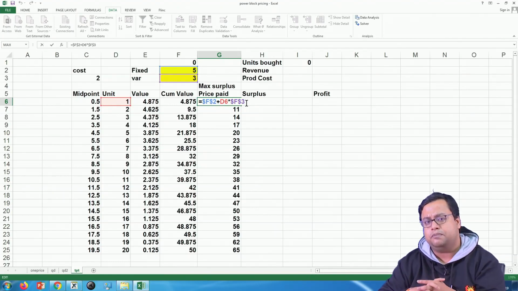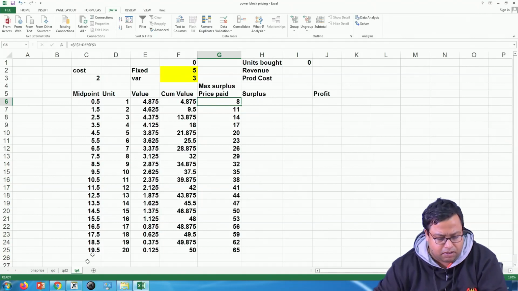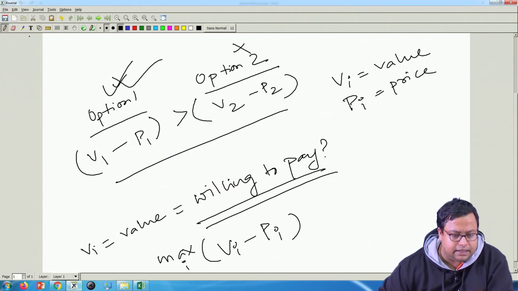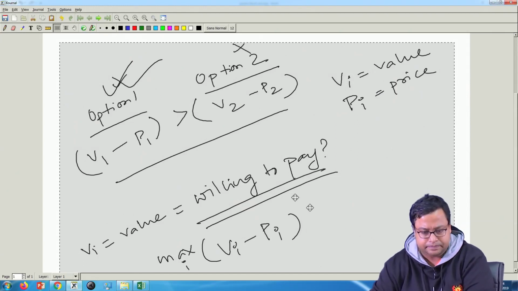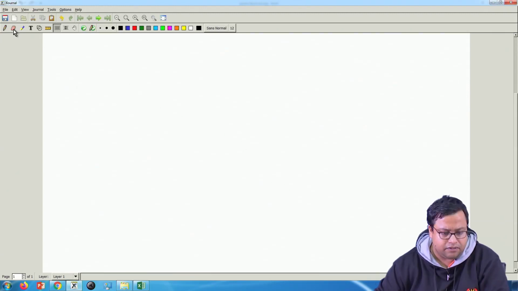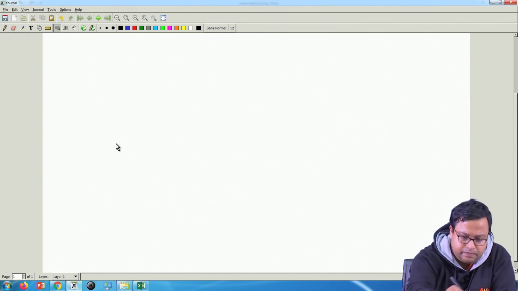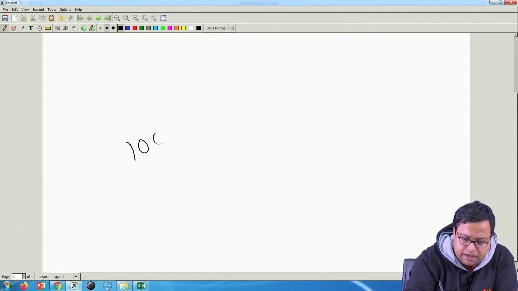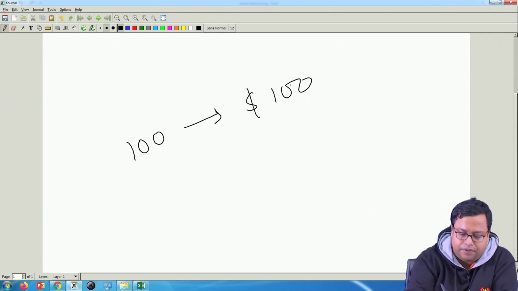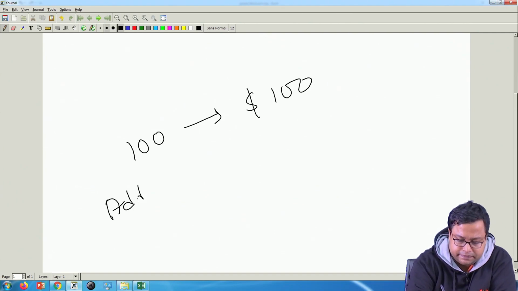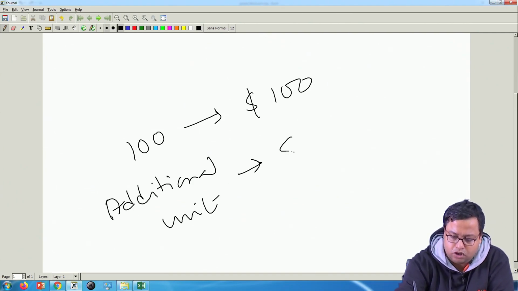For example, this is very common, I will give an example: you might have to pay a fixed amount for the first 100 units. For the first 100 units you pay, let us say, $100, and then for every additional unit you pay $2 per unit.